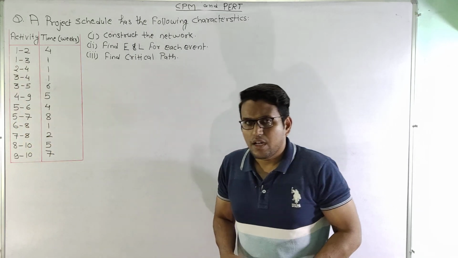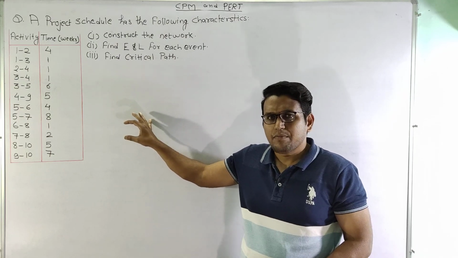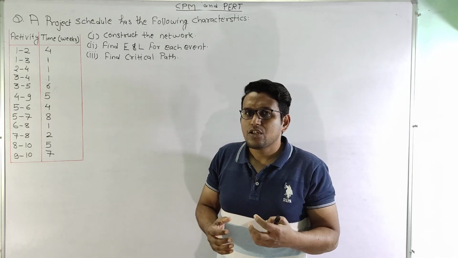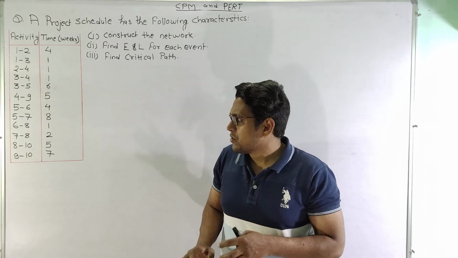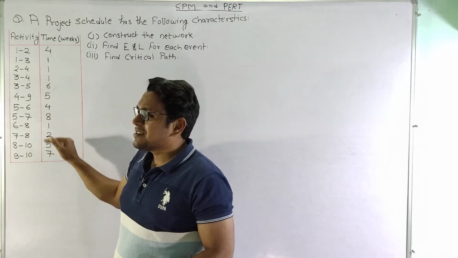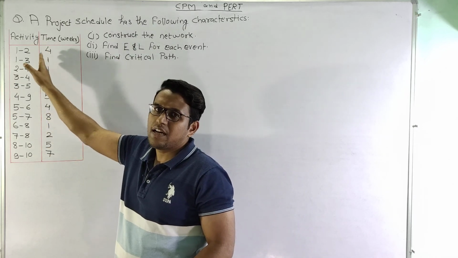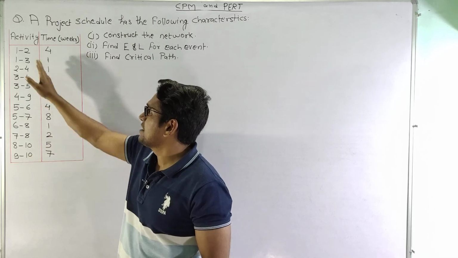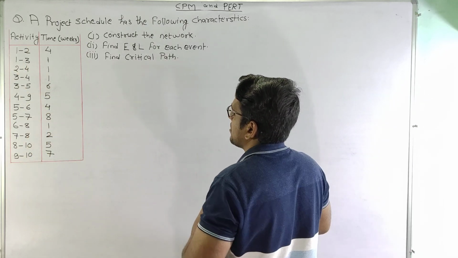For this type of problem it is very easy to draw the network diagram because there is no need of a dummy activity, so we do not need to worry about the precedence in the network. It is quite easy compared to the one where the activities are shown specifically rather than in the event form. So let us start constructing the network.